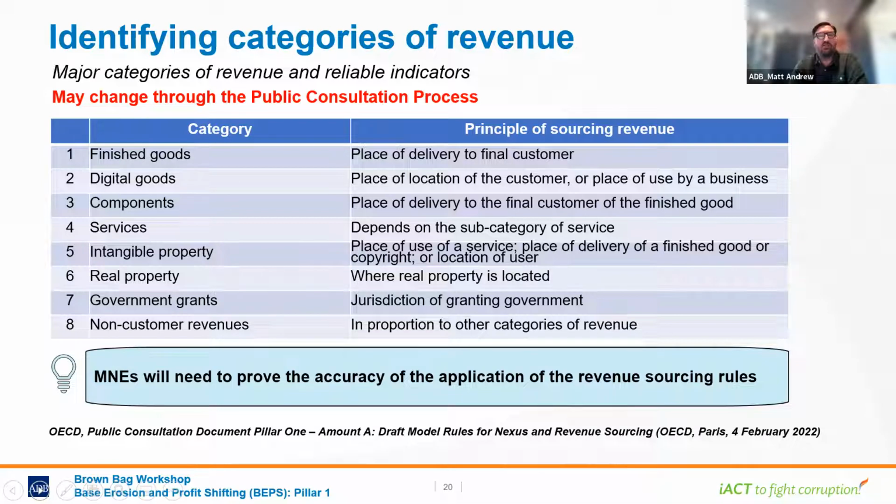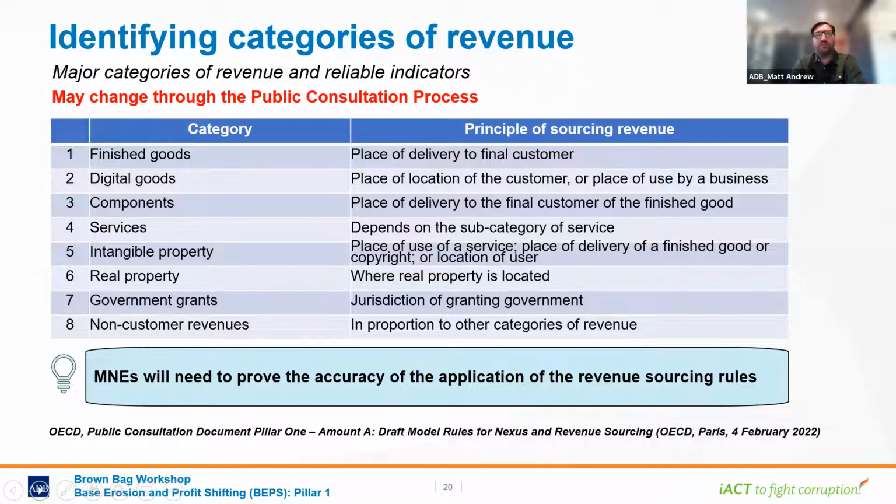So an indicator is considered reliable if it satisfies two requirements. And so multinationals are going to have to prove this. First of all, they're going to have to prove that the indicator must produce a result that's consistent with the source rules for the transaction. And second of all, the indicator must meet at least one of the following reliability tests.